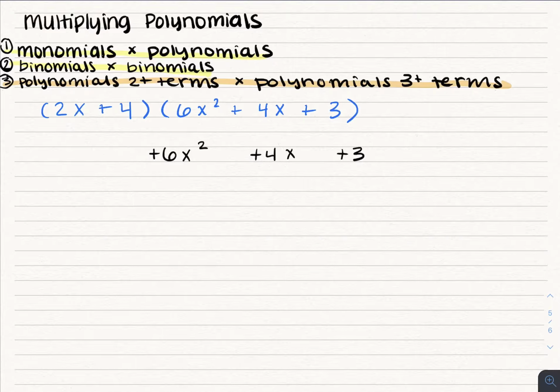So now that I did that for one of my polynomials, my second polynomial, I'm going to put on the side. And I just told you it's called the box method. As you can see, we're about to make a box. And let me write box method.